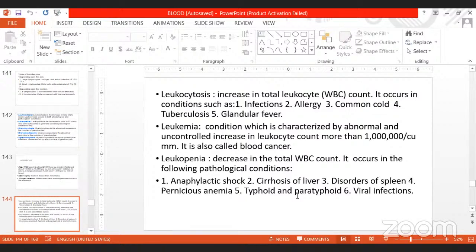And leukopenia is a decrease in WBC count, which occurs in pathological conditions like anaphylactic shock, cirrhosis of the liver, pernicious anemia, typhoid and paratyphoid fever, and also in viral infections.